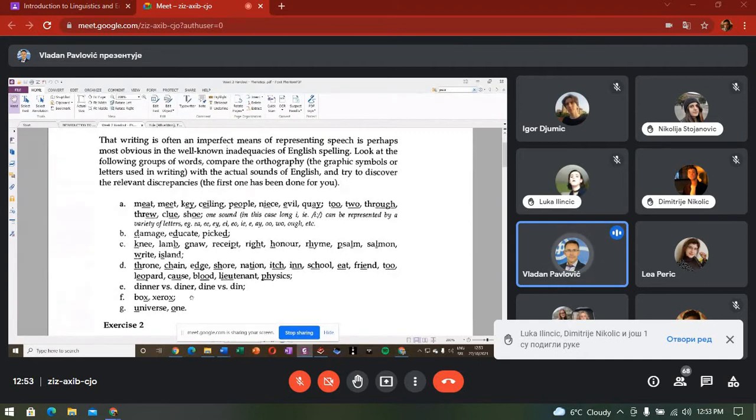And what happens with the pronunciation of the vowel when there is just one consonant, not two, followed by yet another vowel? Well, we pronounce the vowel like, actually, it is a diphthong now.